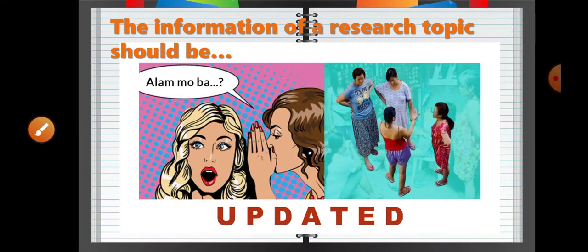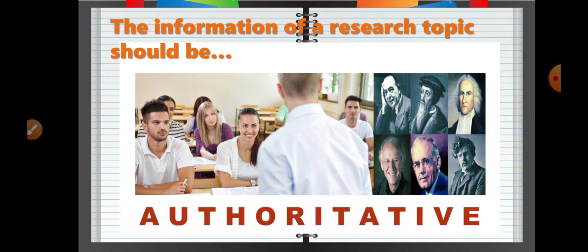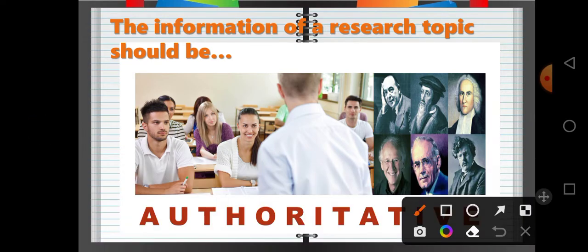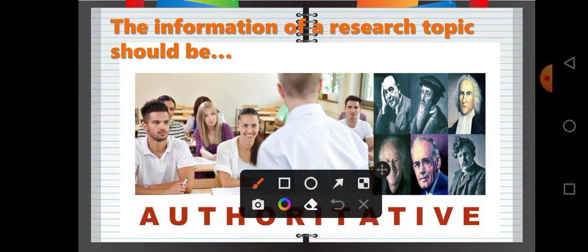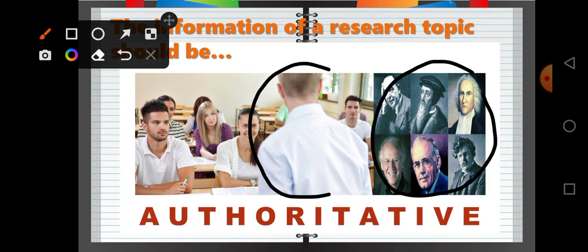So, next, we have that the information of a research topic should also be authoritative. Okay, so whenever we say authoritative, class, the information that can be found about your research topic must be obtained from well-known authors or well-respected, or let's say qualified, professionals related to your preferred topic. So for example, you chose a topic under life sciences.